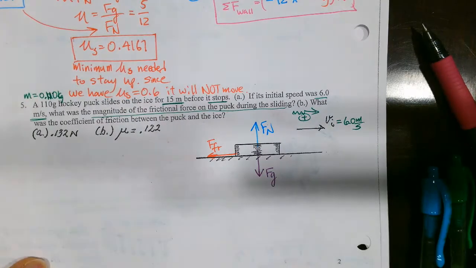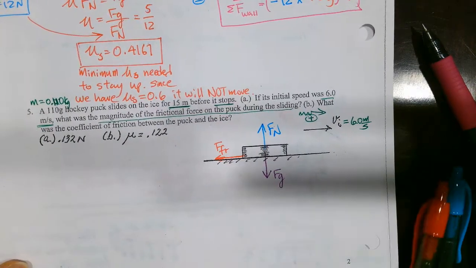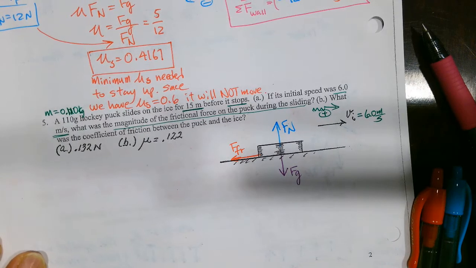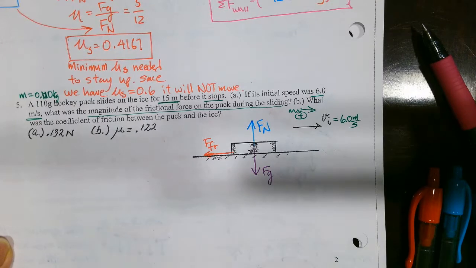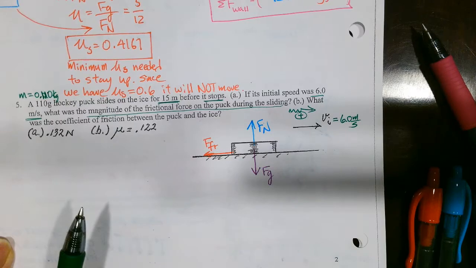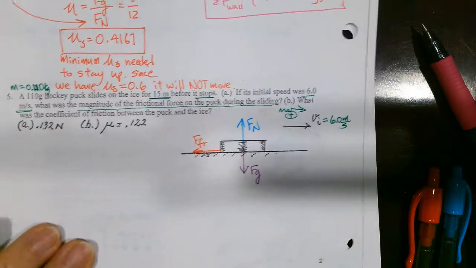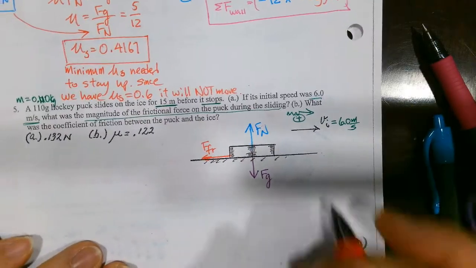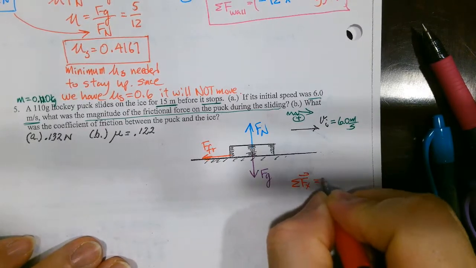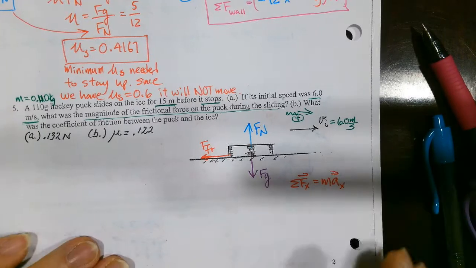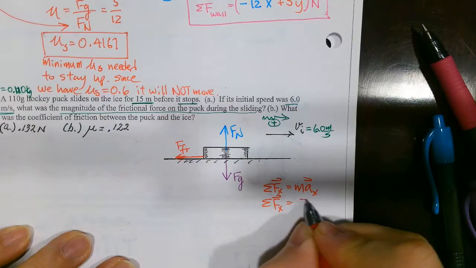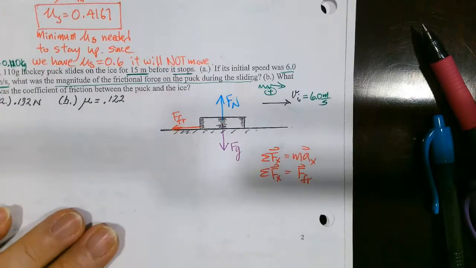So, can we figure out what the rate of deceleration is? Because we're going to have negative acceleration, obviously, to slow this thing down. So in the horizontal direction, the sum of all forces in x is equal to max, and the sum of all forces in the x direction is just the frictional force.